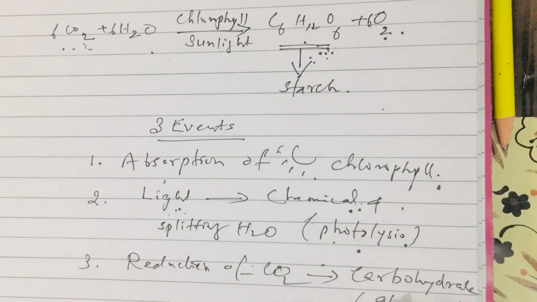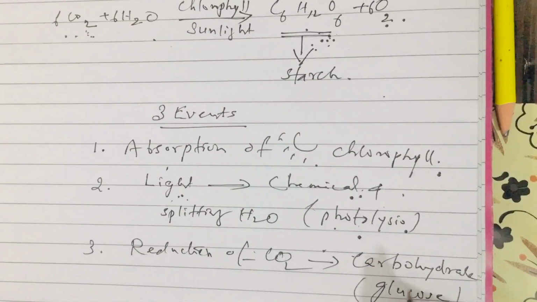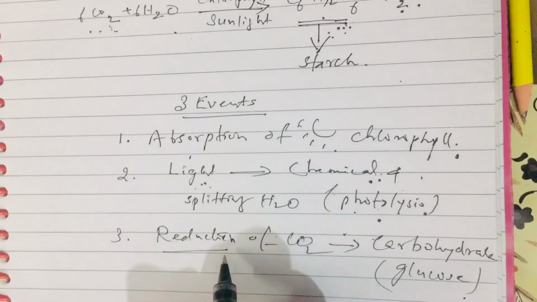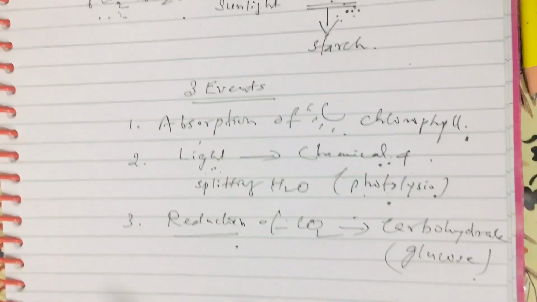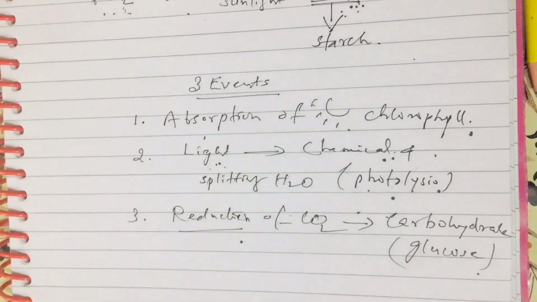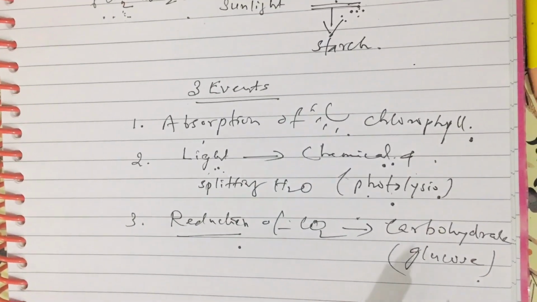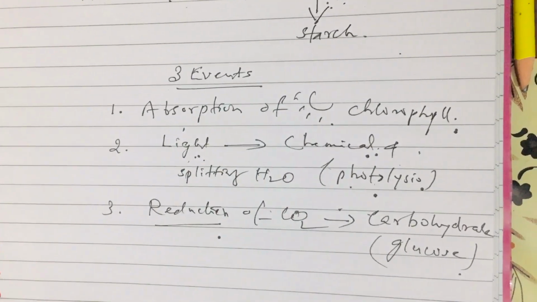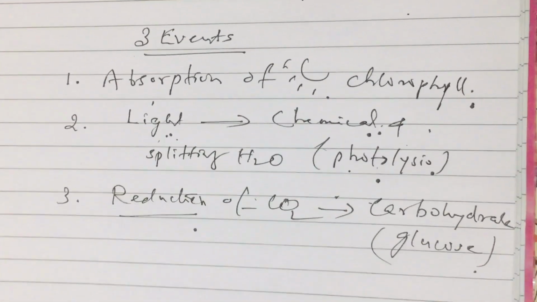This is the reduction reaction in the third event. You know already the definition of reduction: addition of hydrogen or elimination of oxygen. So here addition of hydrogen takes place. More complicated processes are there, but for the time being you have to understand this much only.